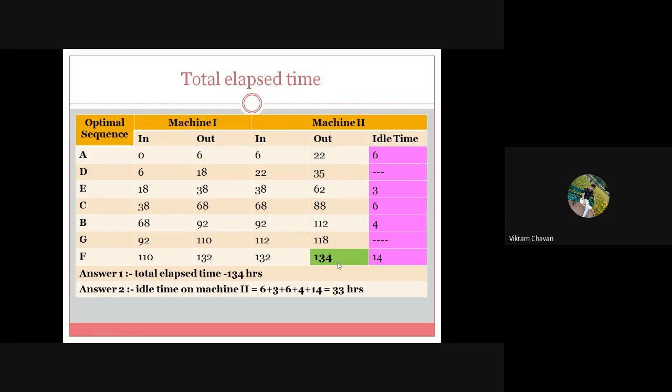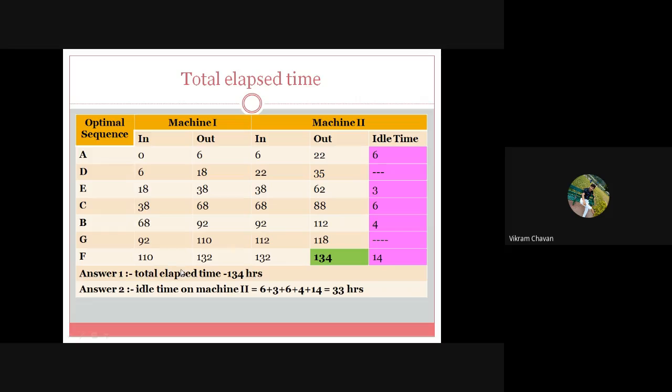So at the 134th hour, job number F will come out of machine 2. So 118 minus 132, that will be the idle time for machine number 2 for job number F. That is nothing but 14 hours idle time for machine number 2.